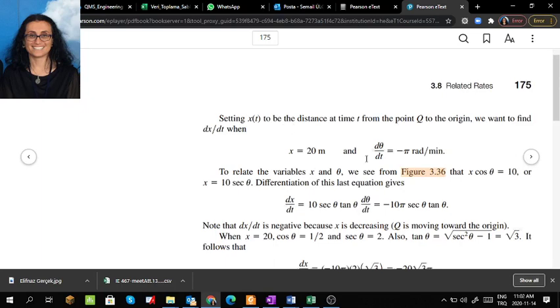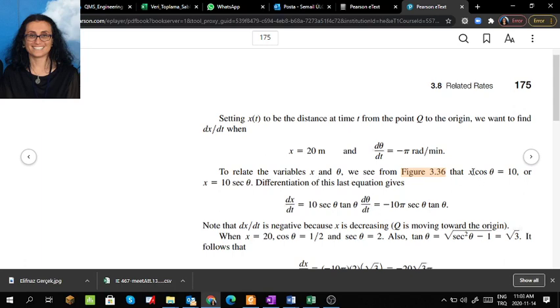So x is the distance at time t from the point Q to the origin. We want to find dx dt when x is 20 and d theta dt is negative pi radians per minute. So what is the relationship we can come up with? We have to relate x and theta.